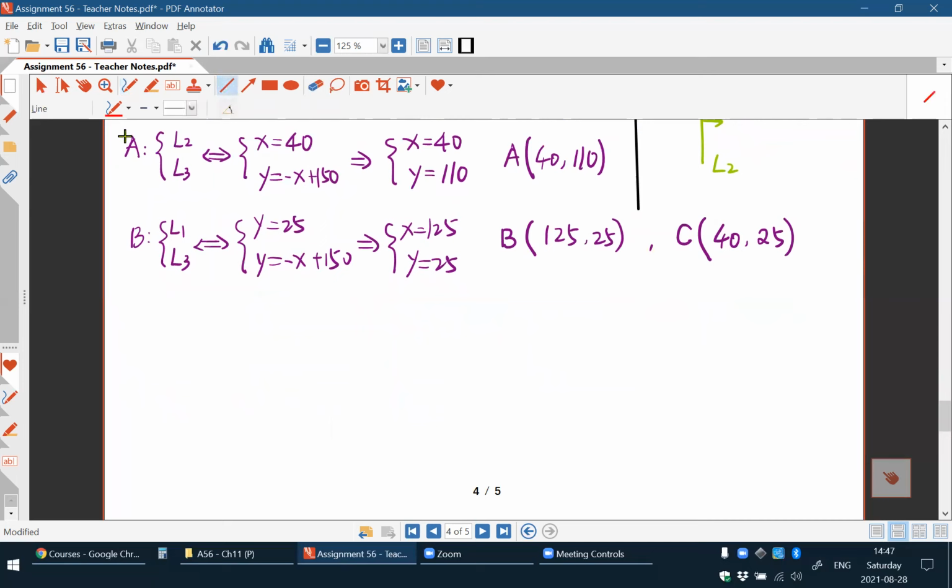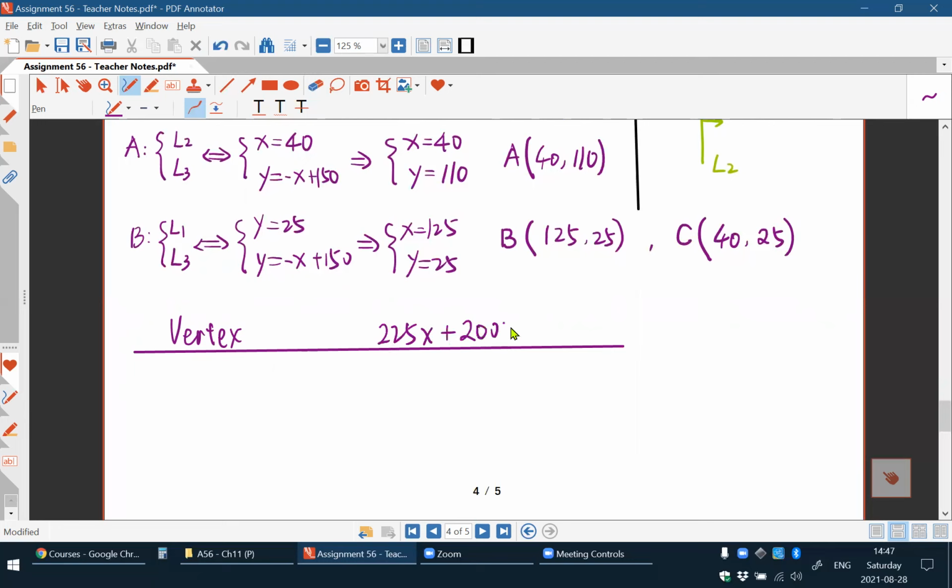In order to maximize the target function, we can use a table like this to check different values of the target function at vertices A, B, and C, right? Target function is 225x plus 200y. Remember that? So vertex A is 40, 110.